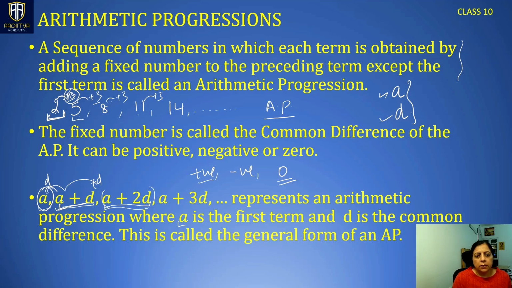If I add d to it, it becomes A plus 3d and so on. So this is a general pattern in which arithmetic progressions move. This is called the general form of an AP, where A is the first term and d is the common difference, right?